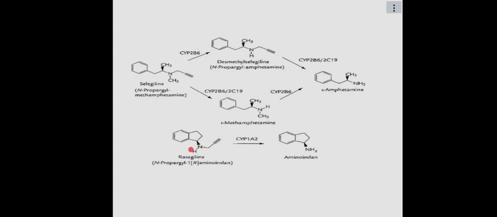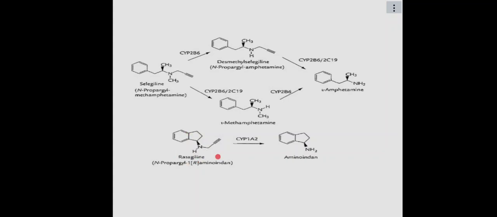You see, this is the stereochemistry, or the orientation, of the N-propargyl group. The orientation of the N-propargyl group should be the beta orientation, and that gives us the R conformation, which has the higher activity. If it carries the alpha orientation, it will give us the L-aminoindane, which we have said has minimal activity.